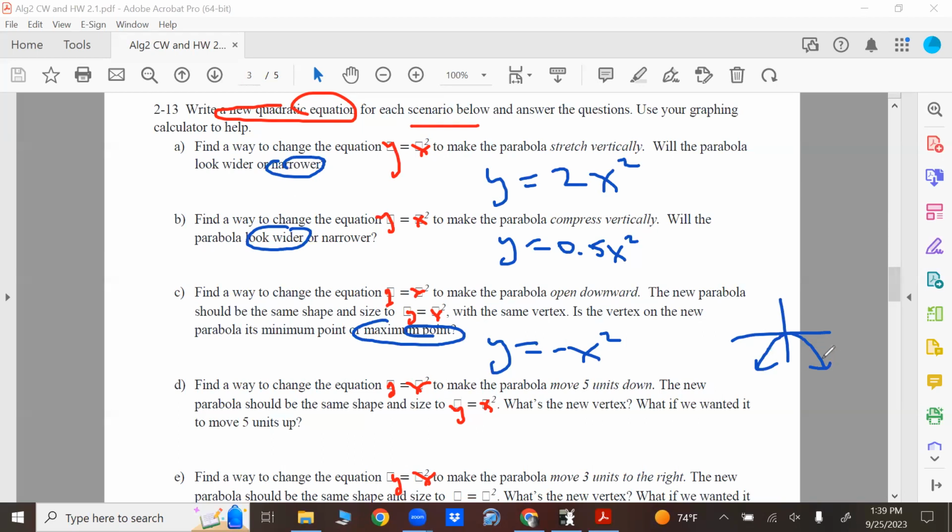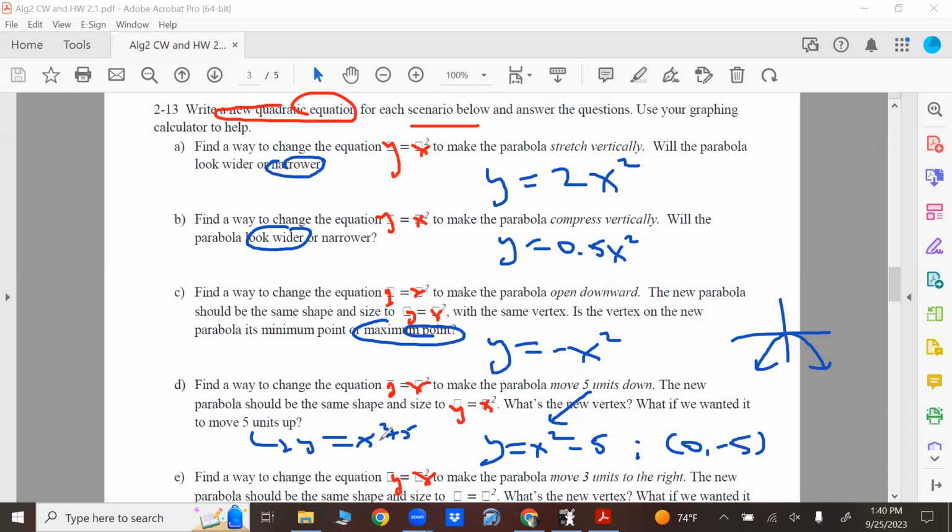That's pretty obvious. If you want to go 5 units down, that's y equals x squared minus 5. Hopefully you guys got that. The new vertex is going to be (0, negative 5). But if you go 5 units up, it's going to be y equals x squared plus 5 now, right?